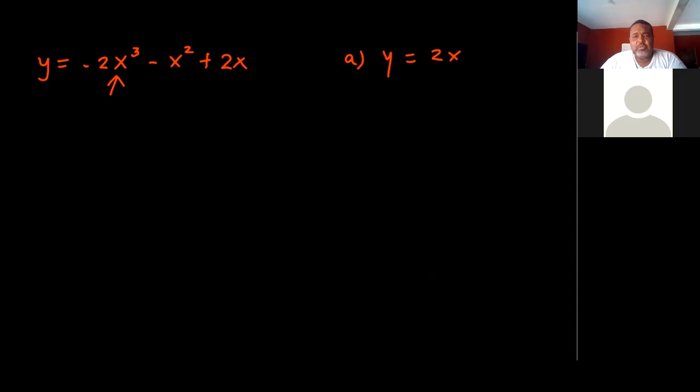How do we know what to do here? They must be equal. So minus 2x cubed. Was that the question? Was it minus 2x cubed, or was it x cubed minus 2x squared? What was it? Let me just double check.